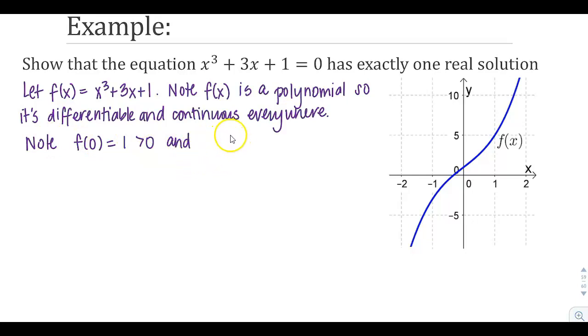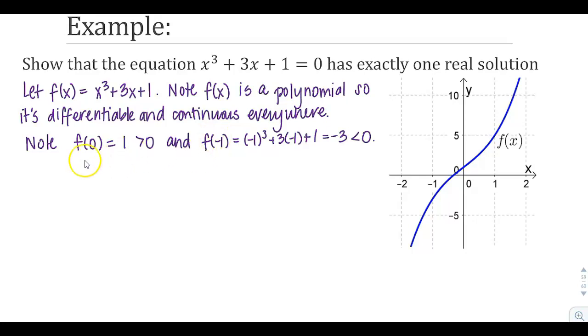Well, the first thing I would try is -1, and we can see from the graph that -1 will yield a negative value. So we'll go ahead and say f of -1, so substituting that in, -1 cubed plus 3 times -1 plus 1 is -3, which is less than 0.